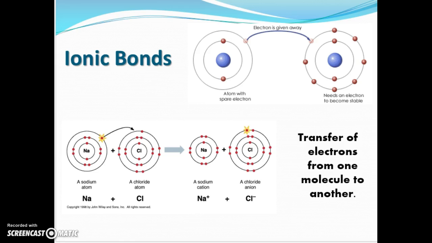But in this case, the electron has actually been taken or given away to the more electronegative atom. So electronegativity, as a definition, is the amount of force or draw that an atom has to attract electrons or steal electrons.